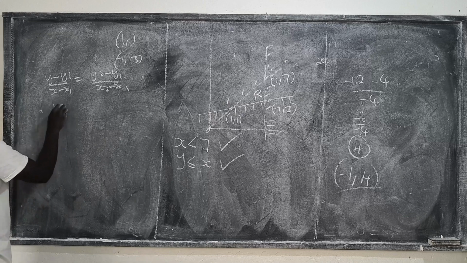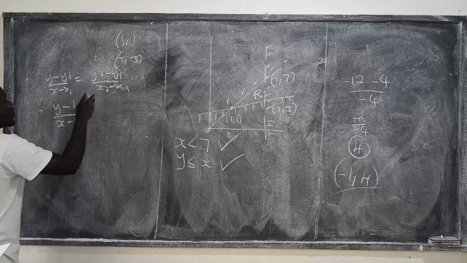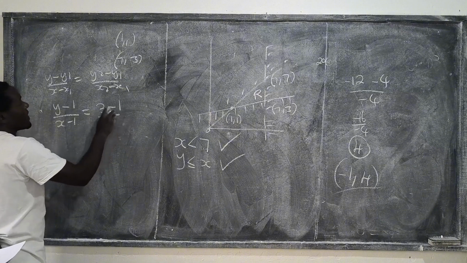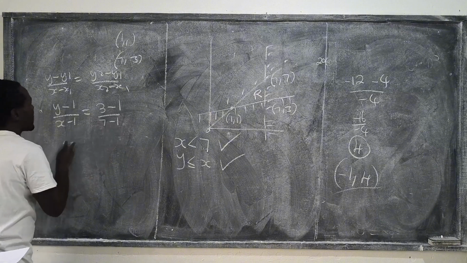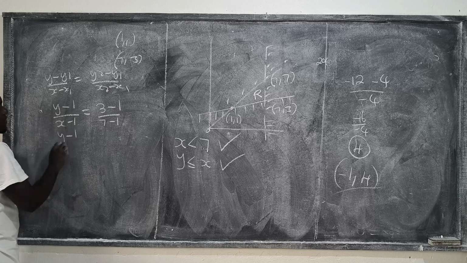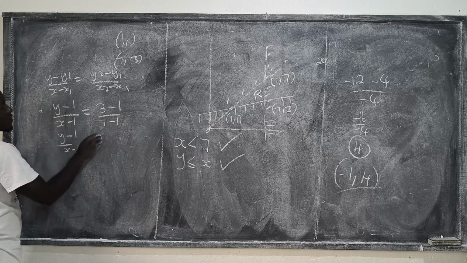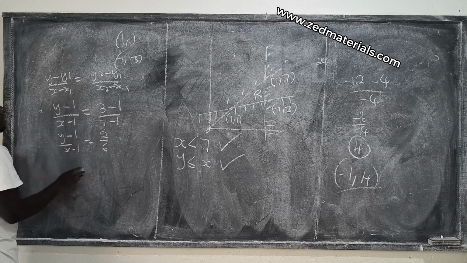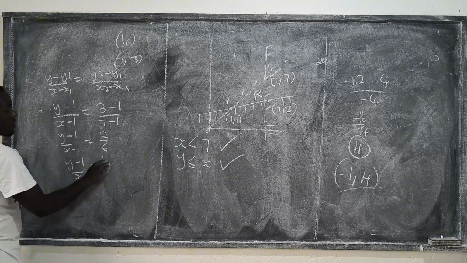So you say (y minus 1) over (x minus 1) is equal to (3 minus 1) over (7 minus 1). Then you have (y minus 1) over (x minus 1) is equal to 2 over 6. Reduce these two, you have (y minus 1) over (x minus 1) is equal to 1 over 3.